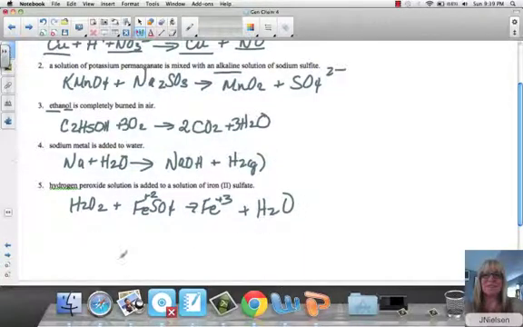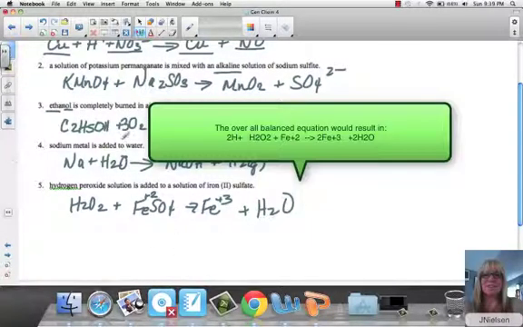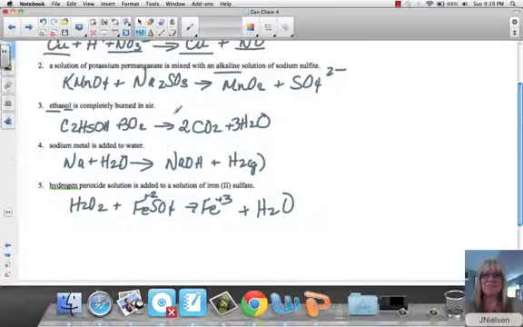And then, we'd have to balance this, obviously. You've got Fe plus 2 going to Fe plus 3. You'd balance with 1 electron, and then we'd have to go through the whole gamut. But this is just basically to help you predict what's going to happen and to recognize redox.